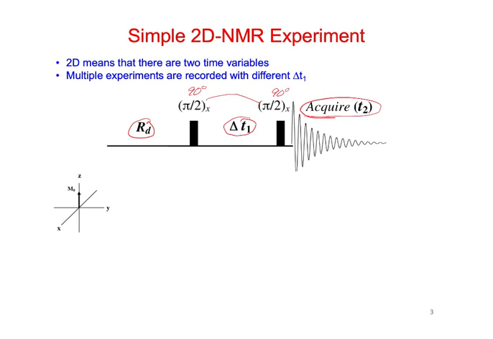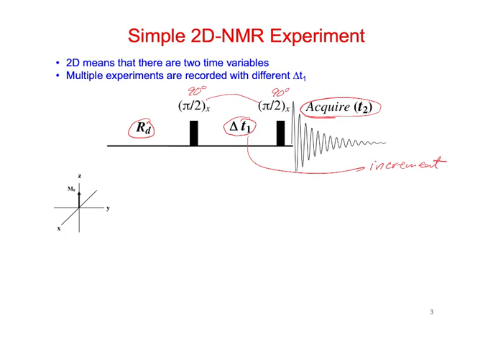Pi over 2 is 90 degrees. Both are around the x-axis, and it has this T1 value, which is incremented during the experiment. What we essentially do is run a spectrum with one value of T1, then we increment that value, run another spectrum, change it, and run another spectrum. So we run a series of one-dimensional experiments.